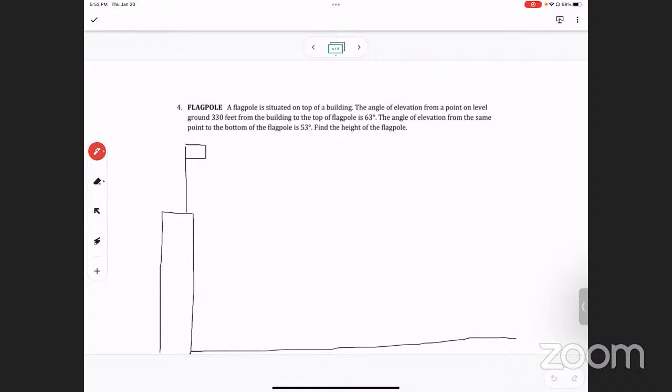You can write on top of it or whatever. So yeah, and then I'll just use a text box for this. I'll write it, 330 feet.